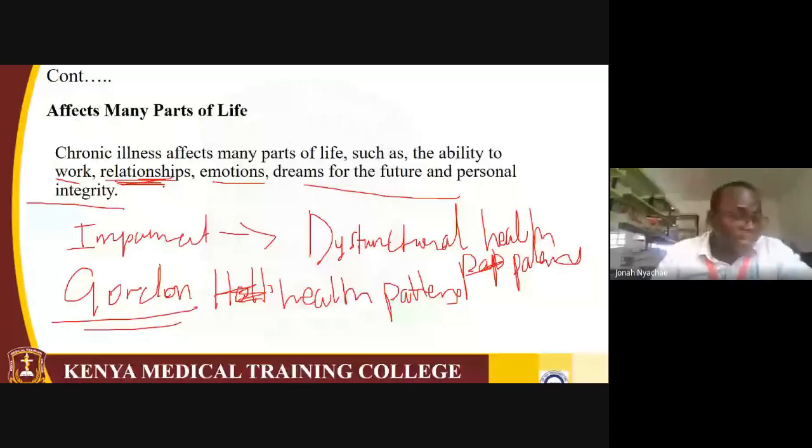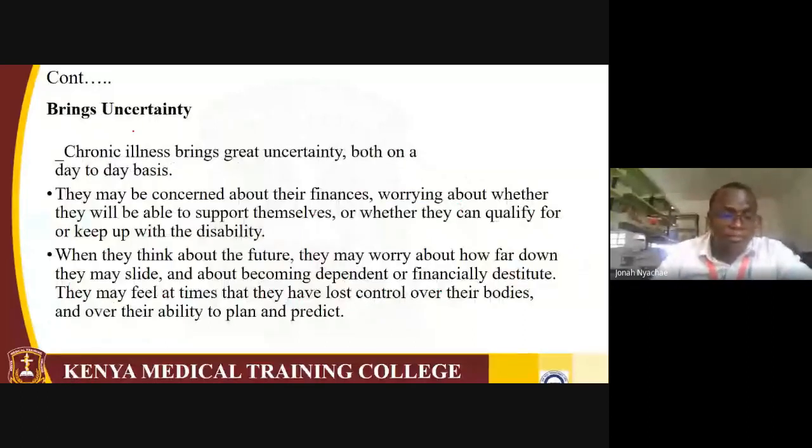So chronic illness normally brings uncertainty on a day-to-day basis because this person is worried that he may not be able to finance their healthcare. They are worried they cannot support themselves and so on.